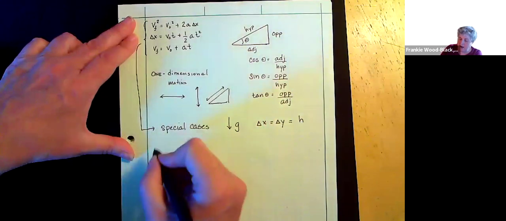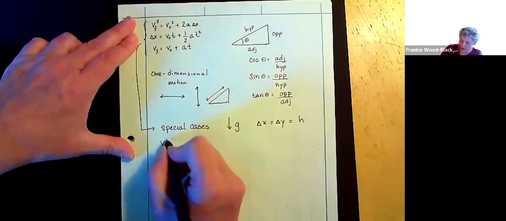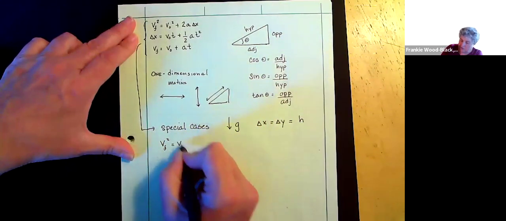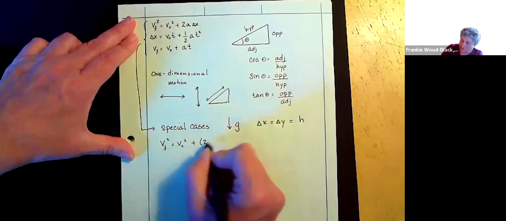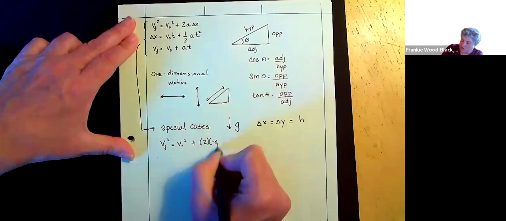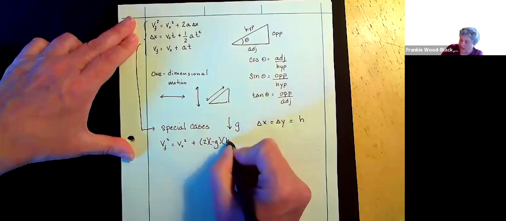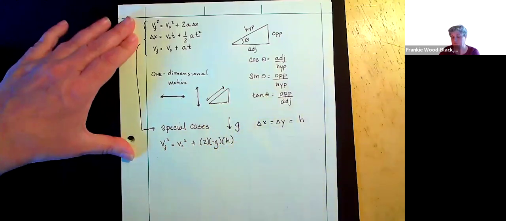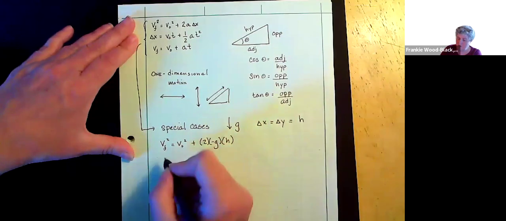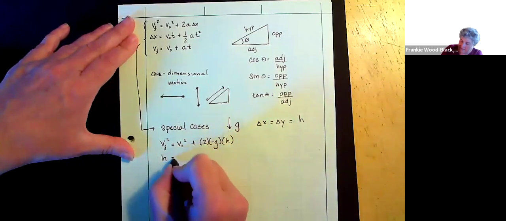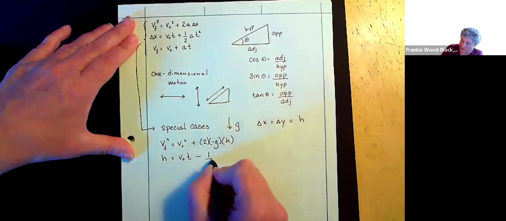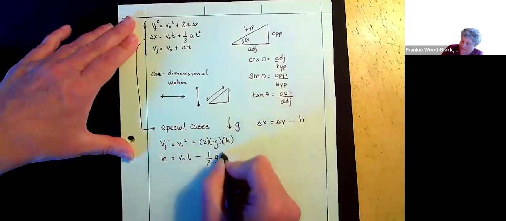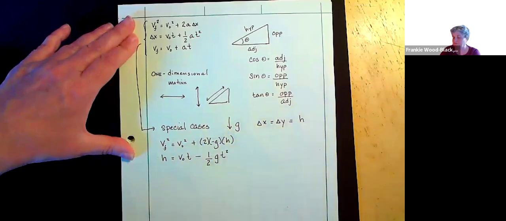We can rewrite these as V final squared is equal to V initial squared plus 2 times minus G times H. My height is equal to V naught T minus 1/2 gravity times time squared.